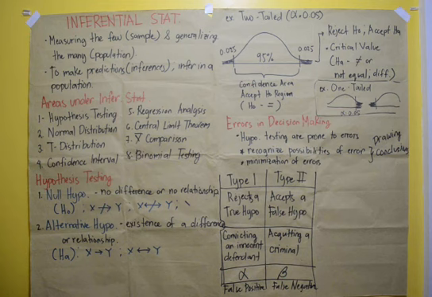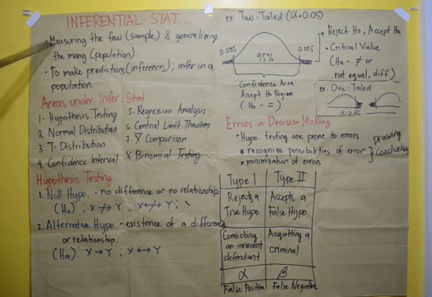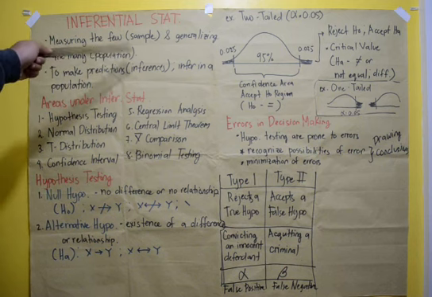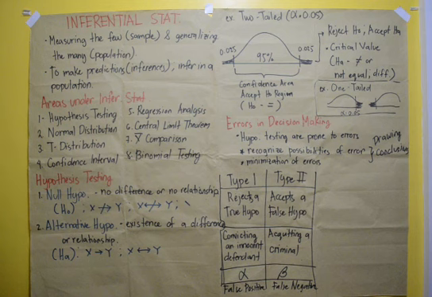So what makes inferential statistics different from descriptive? So let me define what is inferential statistics. So inferential statistics attempts to measure the few, the sample, and generalize to the many. So it's like the basic definition of statistics.